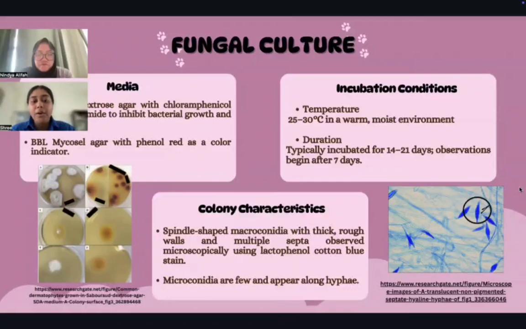Microconidia are few and appear along the hyphae. In the other picture, in the lactophenol cotton blue stain, you can observe microscopically the microconidia, which are few and appear along the hyphae.